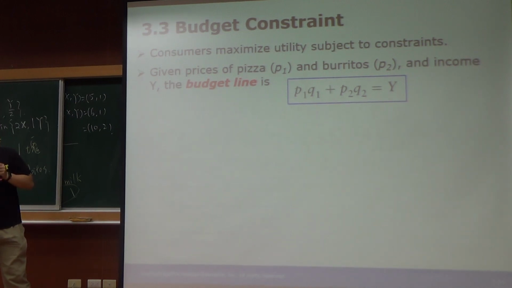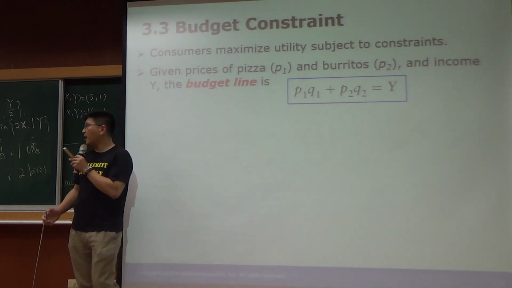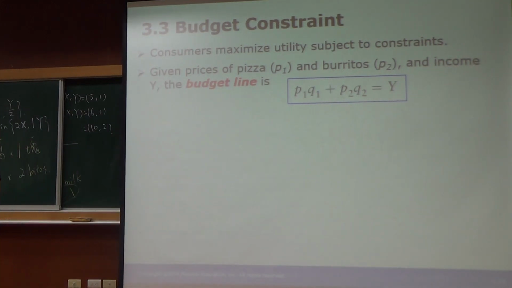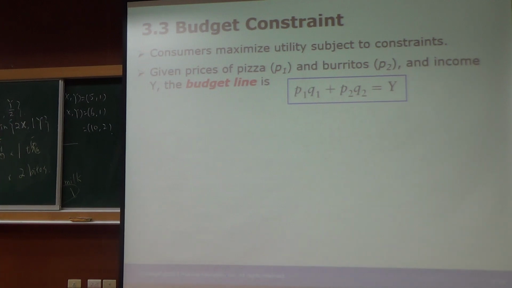And Y is the income. So we may put the budget in this function, P1 times Q1 plus P2 Q2 equals Y. So P1 Q1 means the expenditure on good one, on pizza. Is that clear?